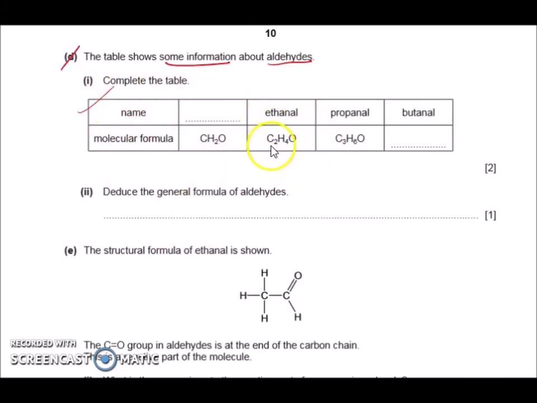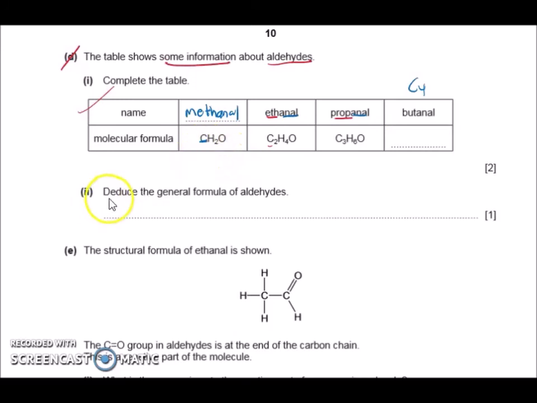So C2 is eth, C3 is prop, and what they are adding here is al, so you have the name anal. So ethanal, propanal, butanal. Here you have C1, so here should be meth. Methanal.